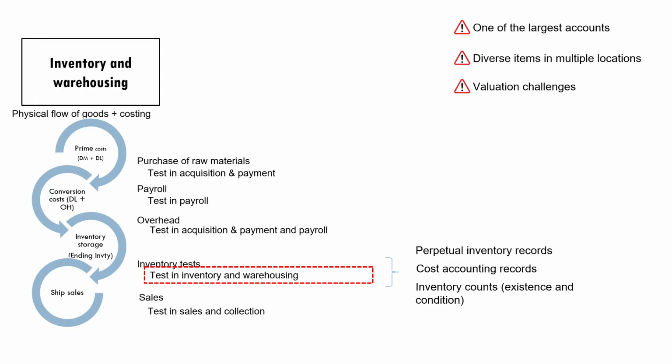And of course, valuation challenges. Do you remember first in, first out, or weighted average, for example, or even periodic and perpetual inventory systems? And of course, who could ever forget that inventory has to be valued at lower of cost or net realizable value? So all of these things add up to the challenge of auditing the inventory and warehousing cycle.